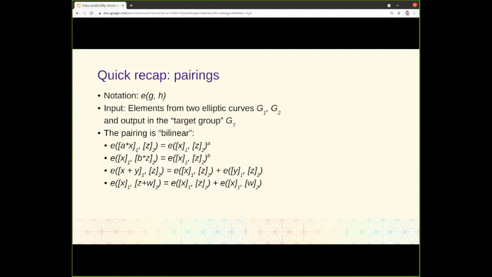So this a times x, when you pull the a out, it goes into the exponent, and the same when you do it in the second factor. And below I actually made a mistake. That should not be a plus, but a multiplication. So it is basically bilinear, but the notation is often a bit messed up.